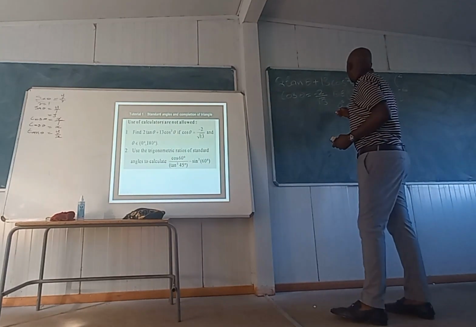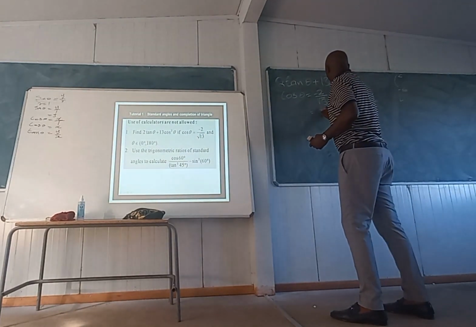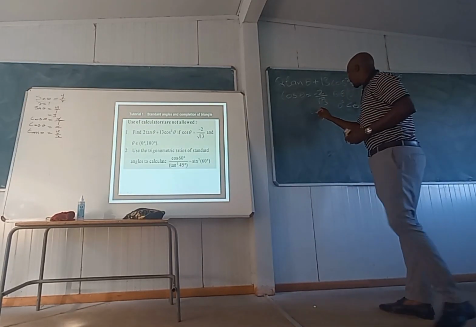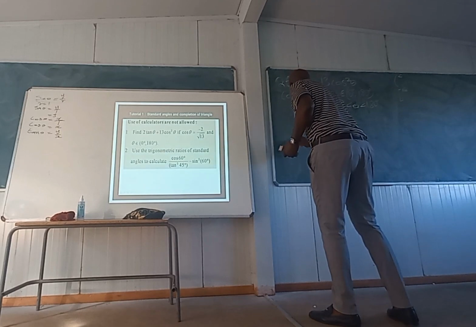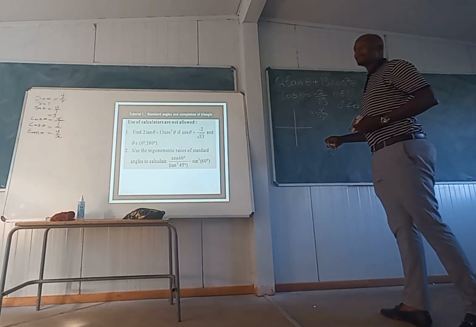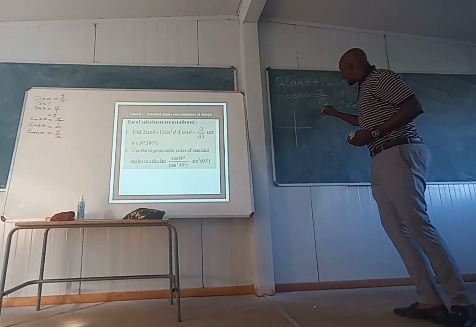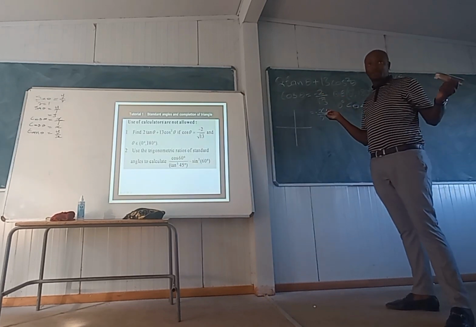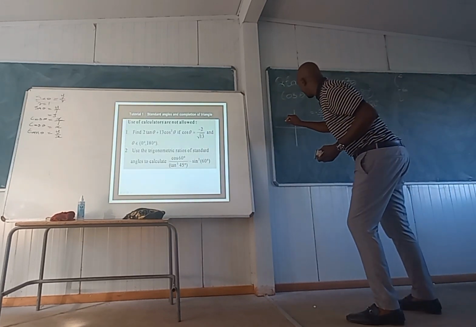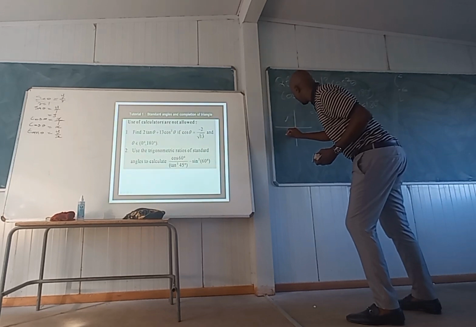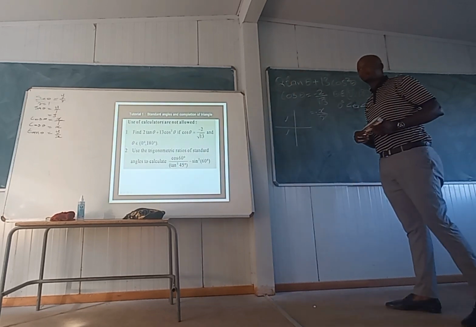Remember cos is x over r, and our x is negative. Draw the Cartesian plane. Cos, you decide which one you want to work with. x is negative in the second and third quadrant.